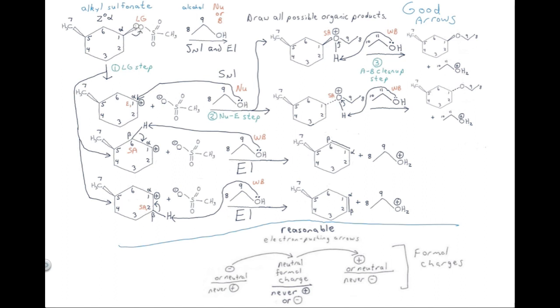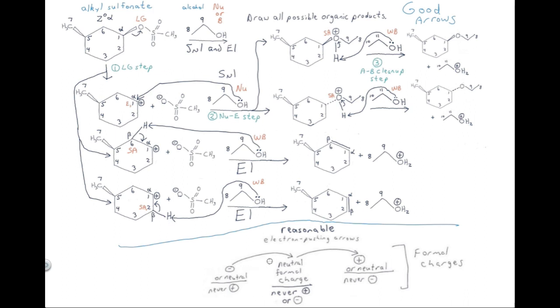In the first step, we didn't put a positive formal charge at the end of the series of arrows, but we did put a neutral atom at the end of the series of arrows. At the end of the series of arrows, you should put something positive or something neutral, never something negative.